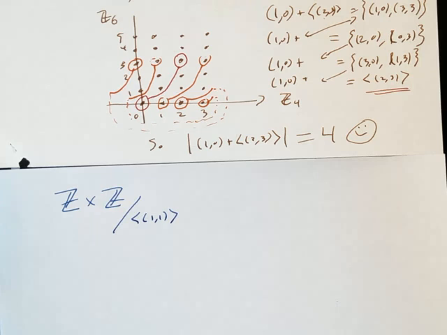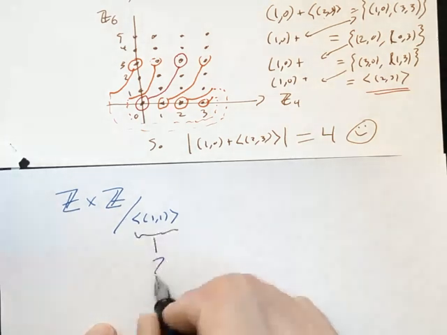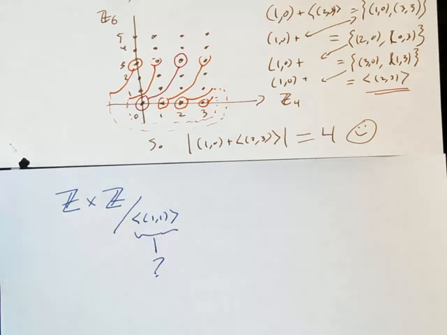What is the normal subgroup generated by 1, 1? What's that made of? Is that just ordered pairs of all positive numbers not including 0?